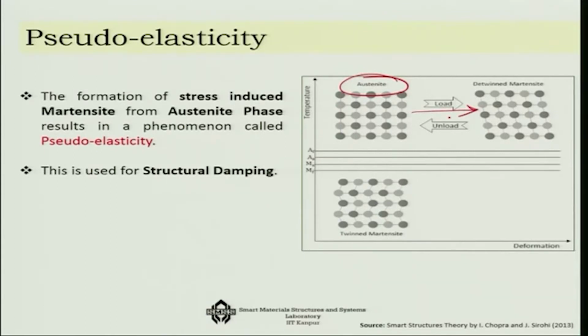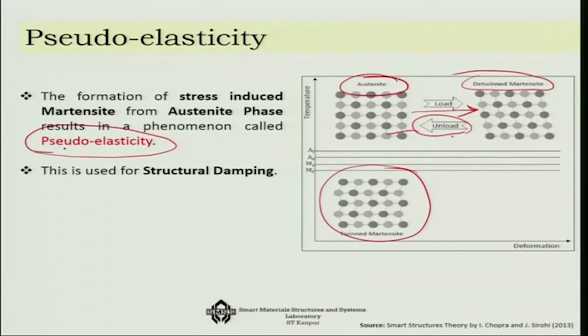It will straight come down to the detwinned martensite phase, and then if I unload it, it will straight come back to the austenite phase. So you are not coming via the twinned martensite state anymore. This kind of direct transformation from austenite to detwinned martensite phase has something very peculiar in this stress-strain relationship, which is known as pseudoelasticity, and this is highly used in structural damping.